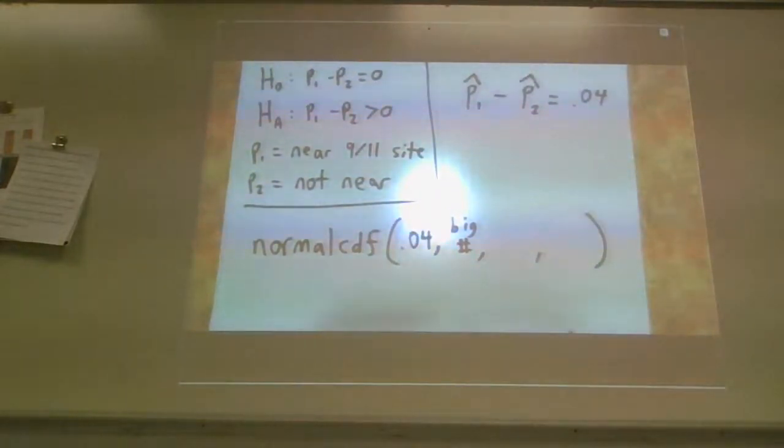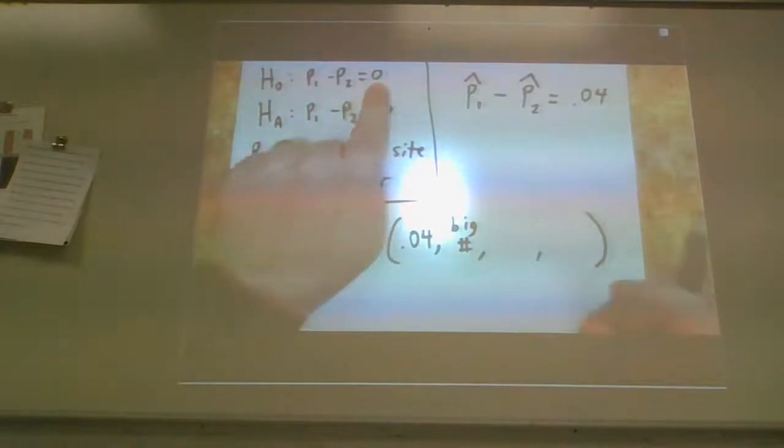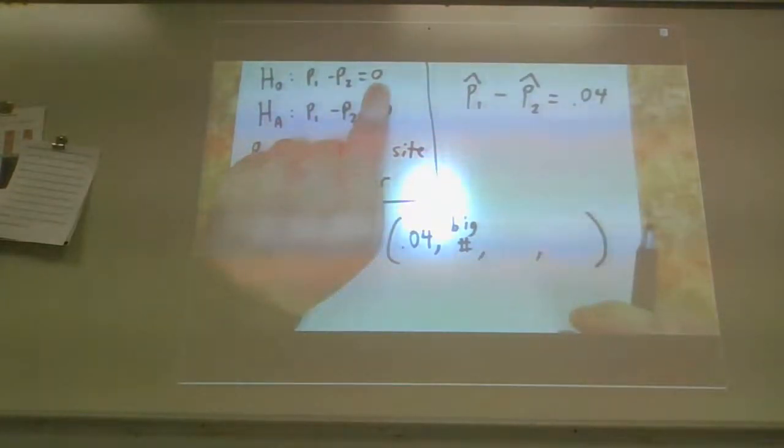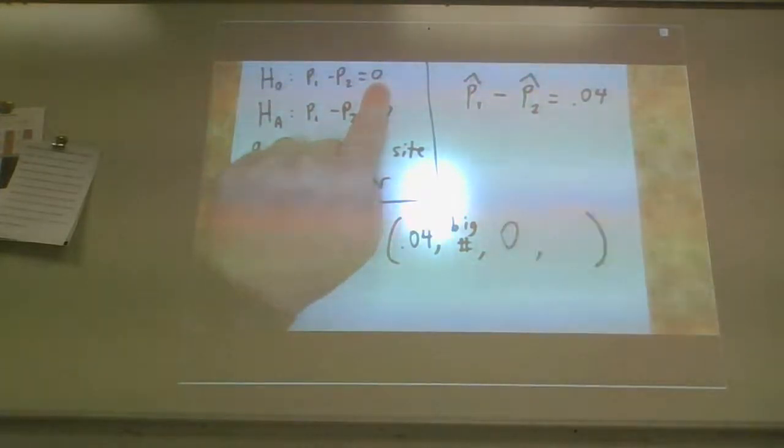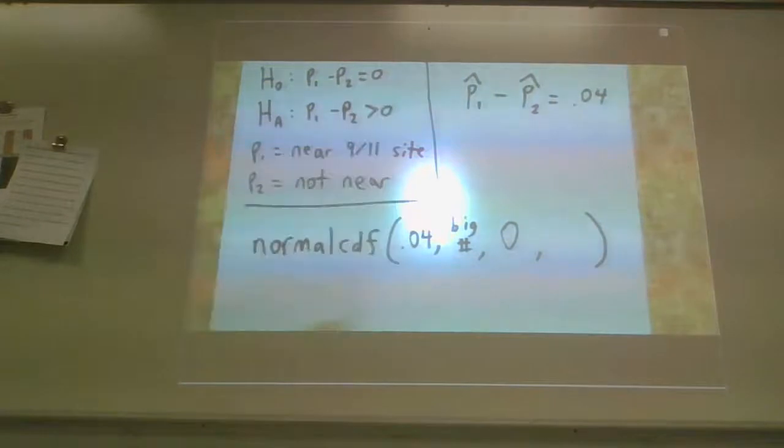The assumed mean, the assumed difference between the two currently, is 0. That is what we assume the difference is at the moment. So I'm going to put a big old 0 there for my mean.